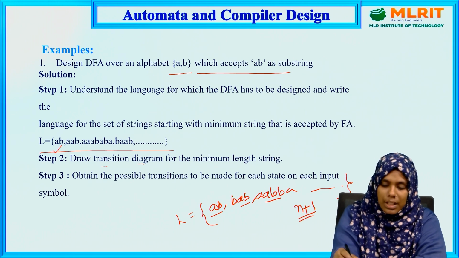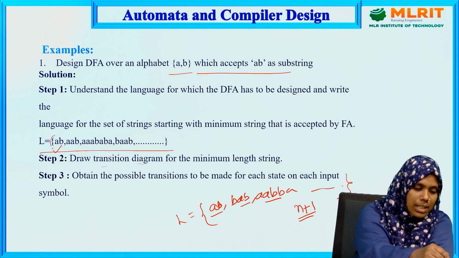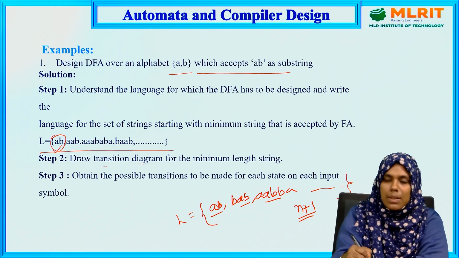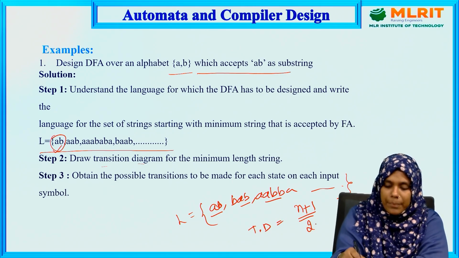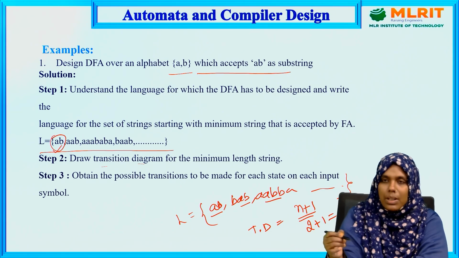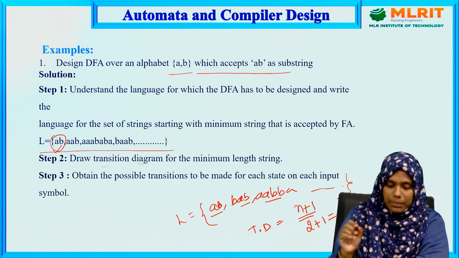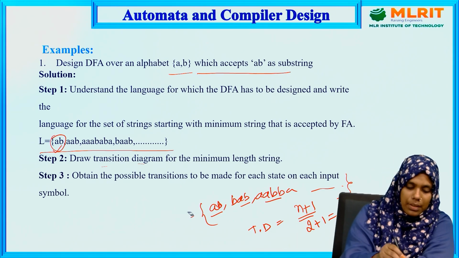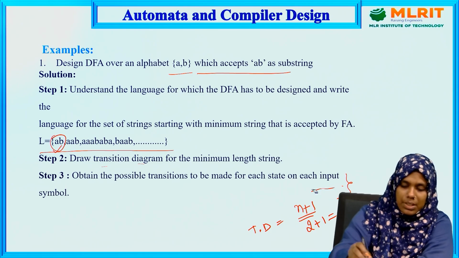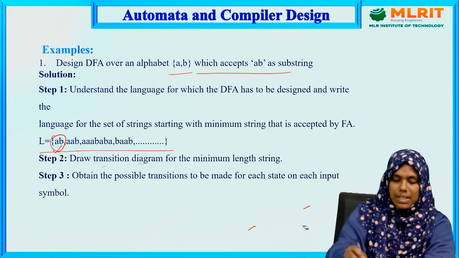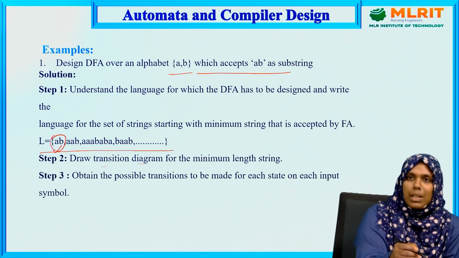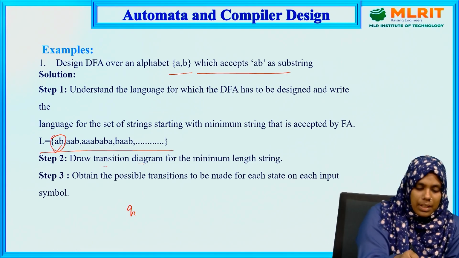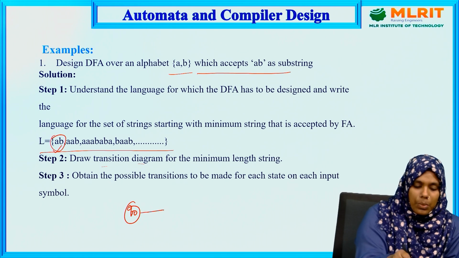Here n is equal to 2, so 2 plus 1 is 3. So we take 3 states: Q0, Q1, Q2.